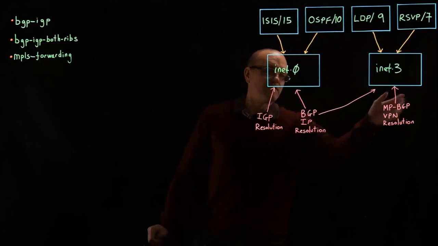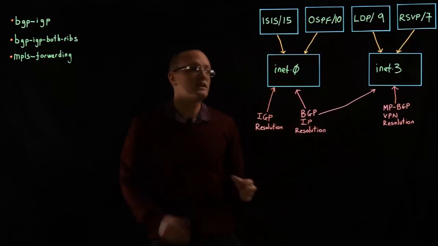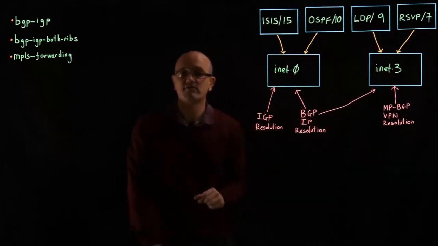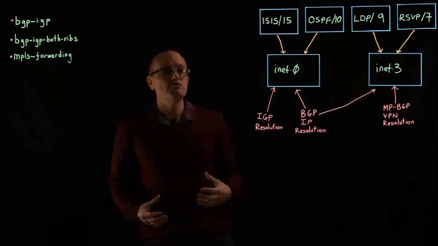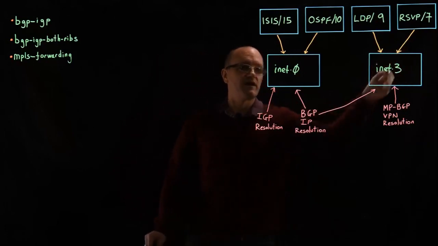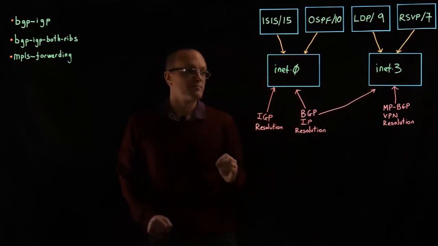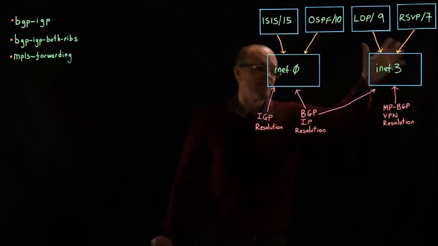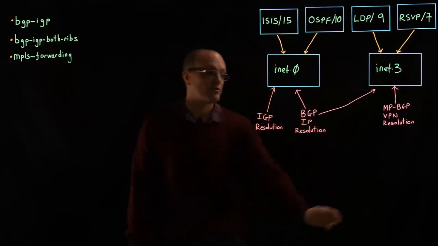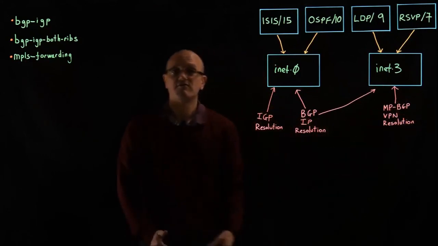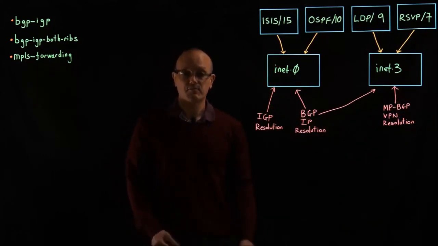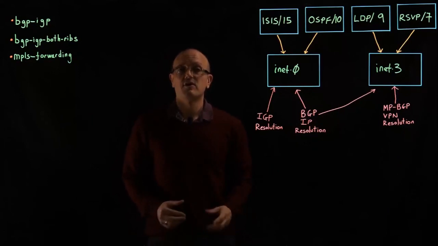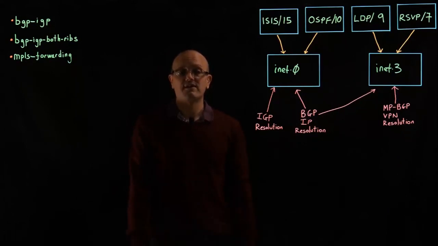Multi-protocol BGP VPN route resolution only uses the inet.3 routing table. So if we've moved all of the routes from there to inet.0, this table is now empty, so we don't have anything to resolve these routes. So route resolution is going to fail for layer 3 VPNs and layer 2 VPNs. So we can't use this option in that case.